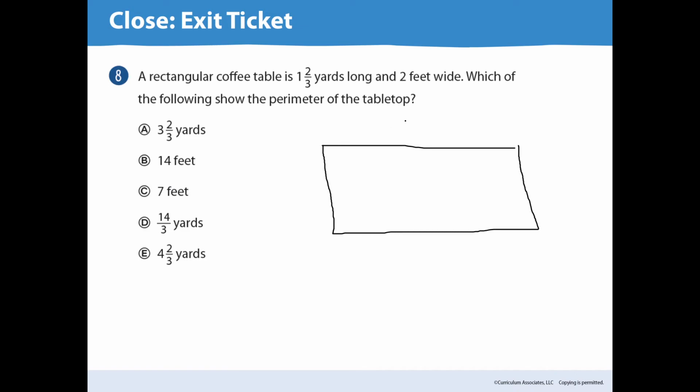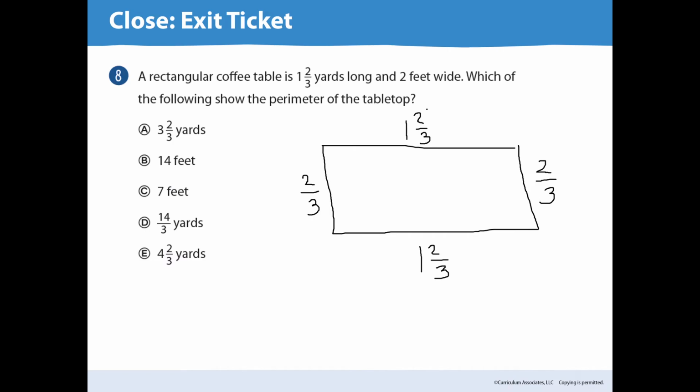So we're going to say this is 1 2/3 yards, and there's 3 feet in a yard, so 2 feet is 2/3 of a yard. So if I'm finding the perimeter, this is 1 2/3, this is 1 2/3, this is 2/3, this is also 2/3.